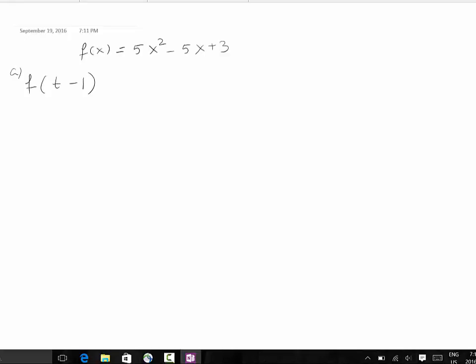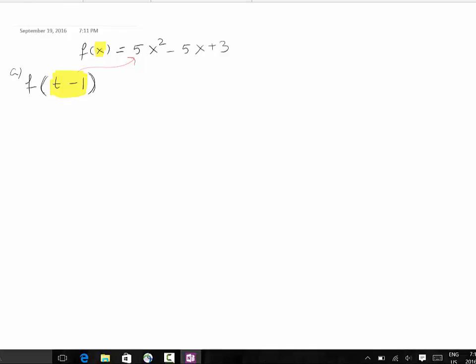So the first thing you need to know is what is within the bracket. Whatever is within the bracket is the value of x. So you're going to replace x with t minus 1 in this equation or this function. So what does that look like?